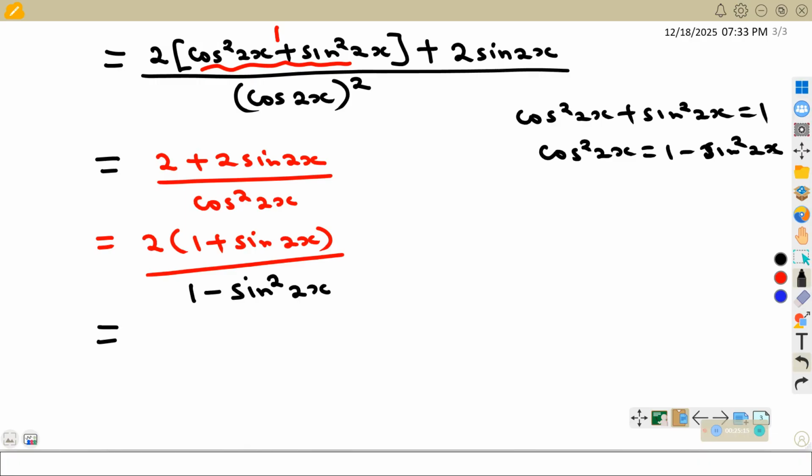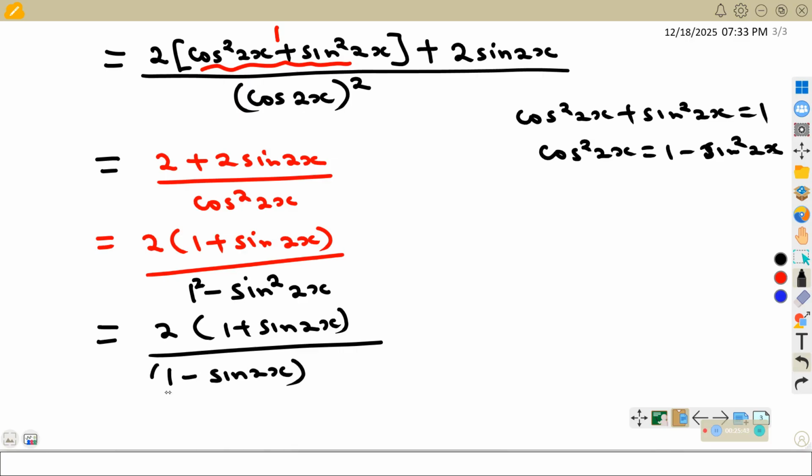Likewise, this can further be simplified to give us 2 into 1 plus sine of 2x divided by, I hope everyone will be able to see that this is a difference of 2 squares. 1 minus sine squared, where 1 can also be written as 1 squared. So in other words, I can as well write this as 1 minus sine of 2x into 1 plus sine of 2x.